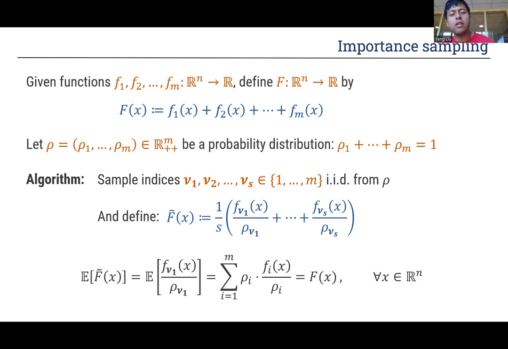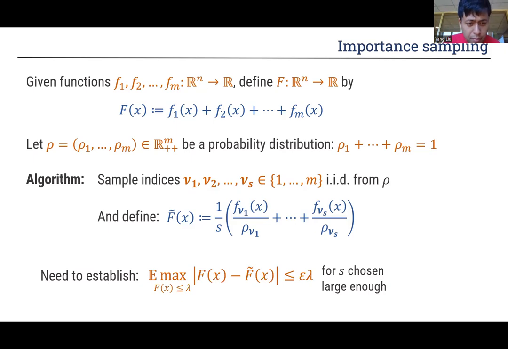So put a little more concretely, you can show that for this choice of f tilde, it's 1 over s times the sum of f of the index divided by the probability of the index, that this sum is in fact unbiased. The expectation is exactly f of x.